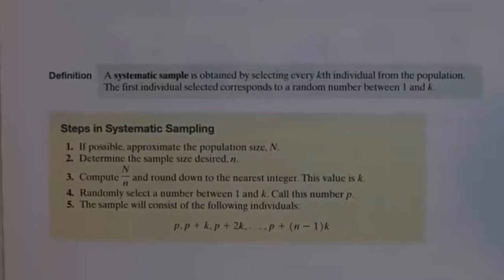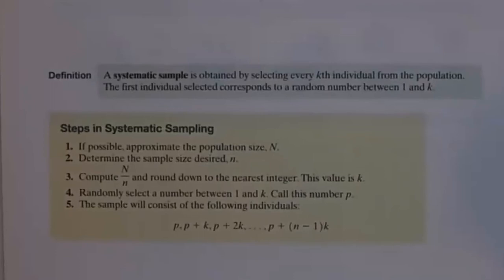So the 52nd customer would be the second customer that I would ask to complete my survey. Then I would skip 30 more. So the 82nd customer would be the next customer that I would ask to complete the survey. Then I'd skip 30 more. So the 112th customer would be the next one that I asked to complete the survey, and so on and so on until I get my sample size that I desire.